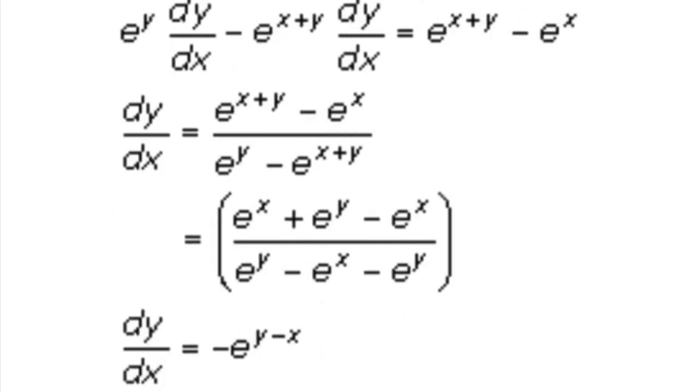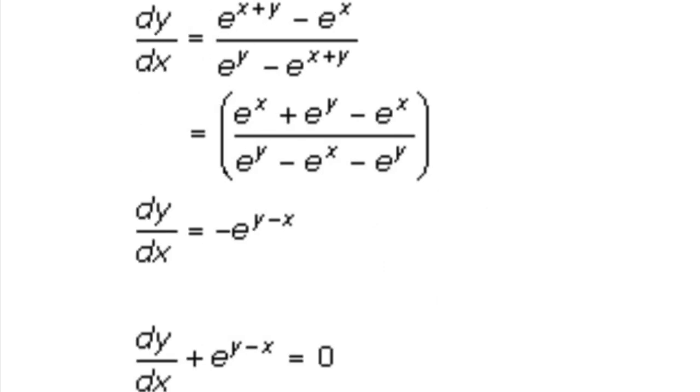Now in the numerator we can cancel out e raised to x, and in the denominator we can cancel out e raised to y. So we'll get e raised to y upon minus e raised to x. If e raised to x goes in the numerator, according to the indices law we will get minus e raised to y minus x.